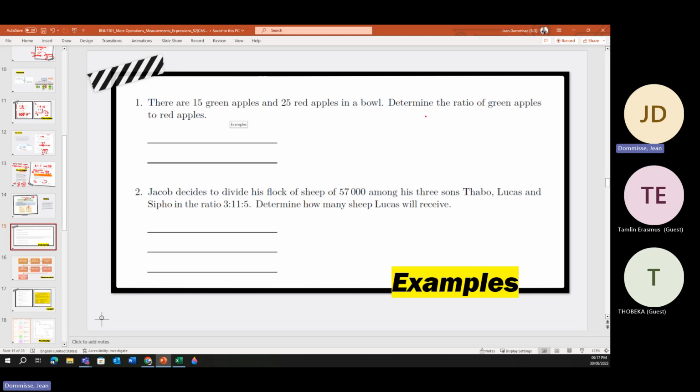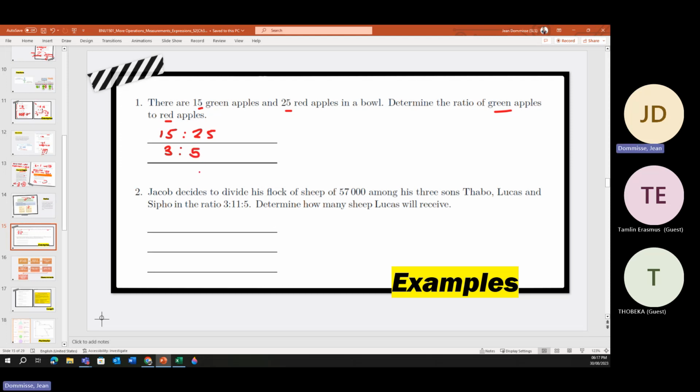So let's see how it looks when we get a word sum. There are 15 green apples, there are 25 red apples. Determine the ratio of green apples to red apples. Green apples to red apples is 15 to 25. If you look at your answers, you could have simplified it, but it is 3 to 5.